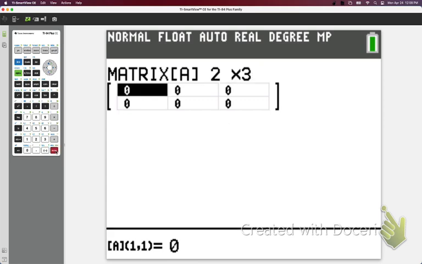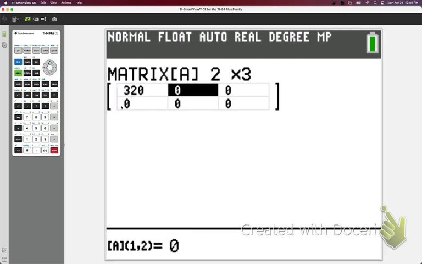Okay. Put your numbers in before we put the 0.05. Second matrix, edit. So 320. And then 210. And 160.